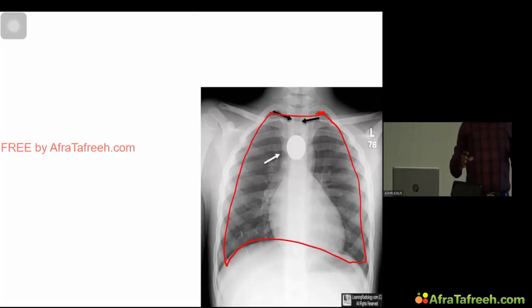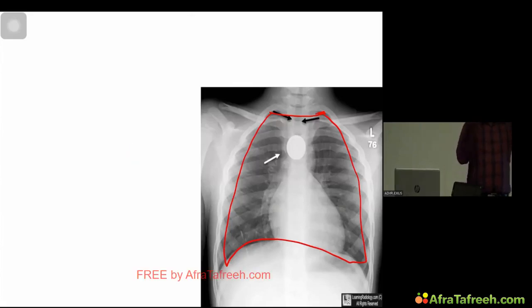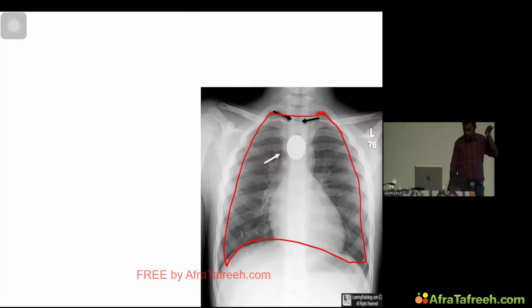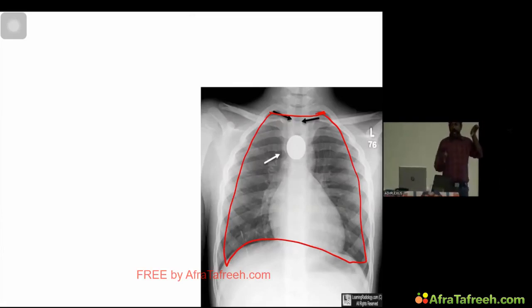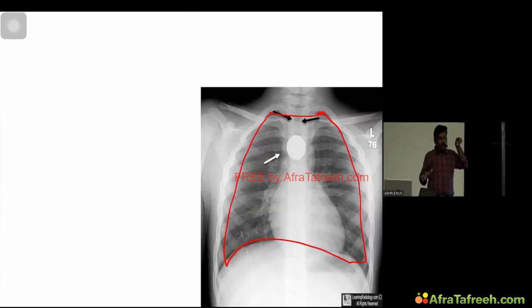When I inspire, what will happen? The lumen will increase in size, so air can go inside. There will be no difficulty in air going inside. When I expire, what is going to happen? The airway collapses. So obstruction will increase, so air cannot go outside.